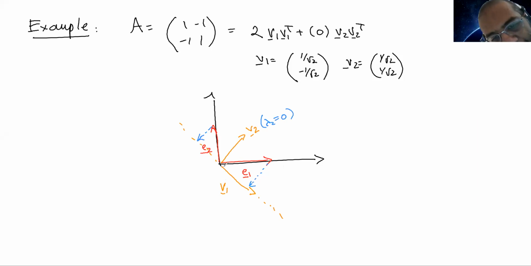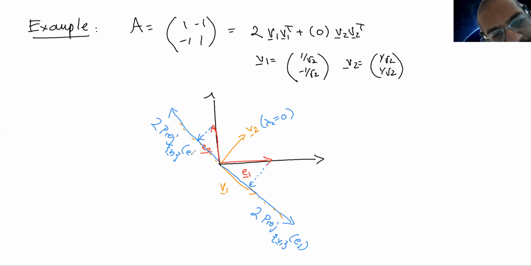What gets projected down here will be stretched by a factor of 2. So this vector you will literally get will be twice the projection onto the span of V1 of E1. And here you'll get twice the projection onto the span of V1 of E2.